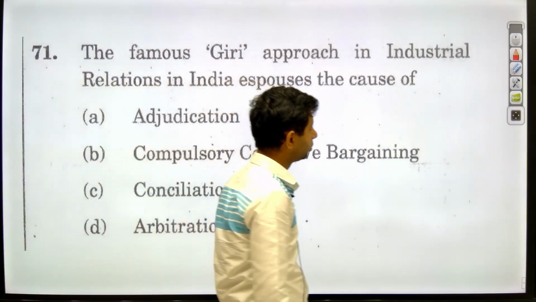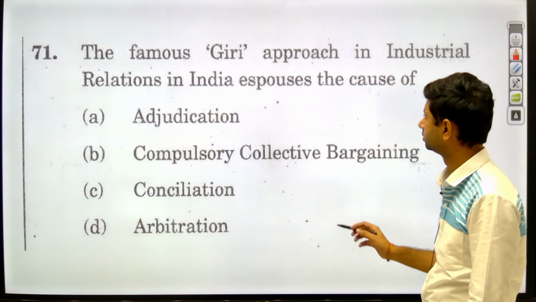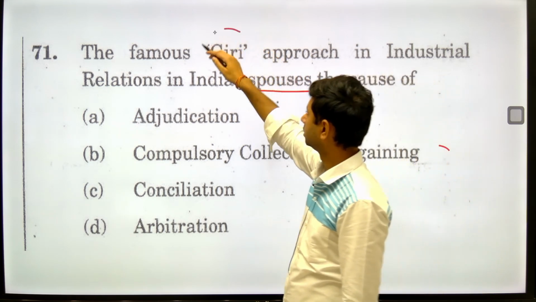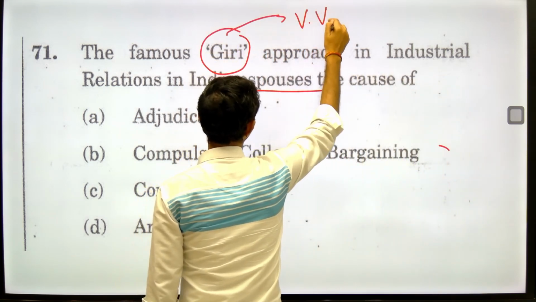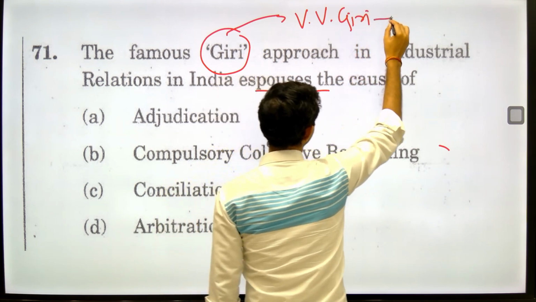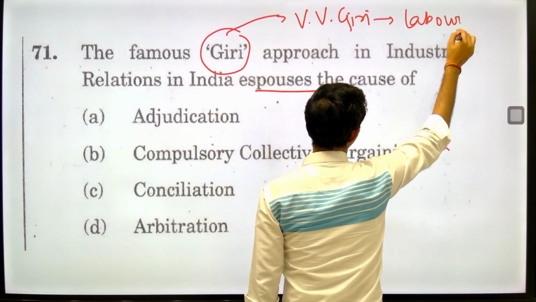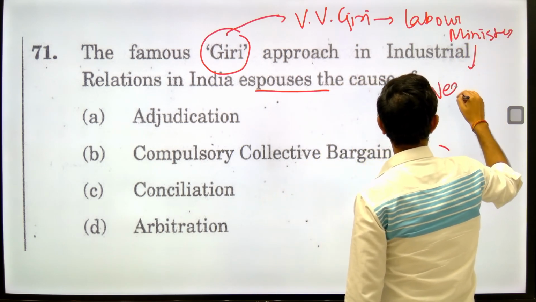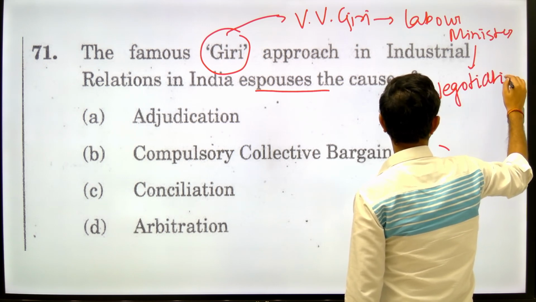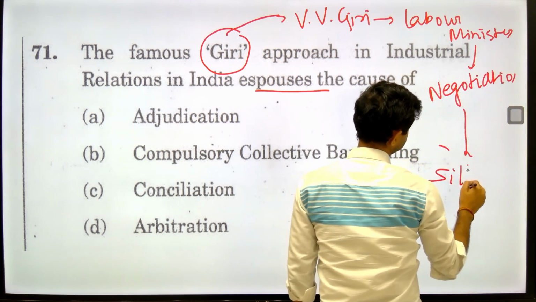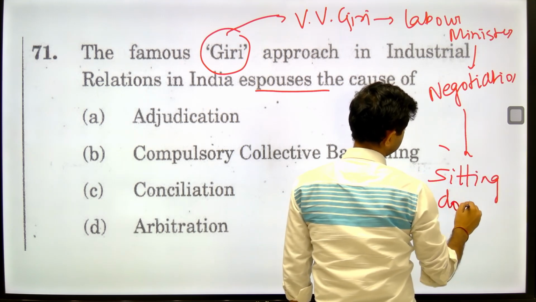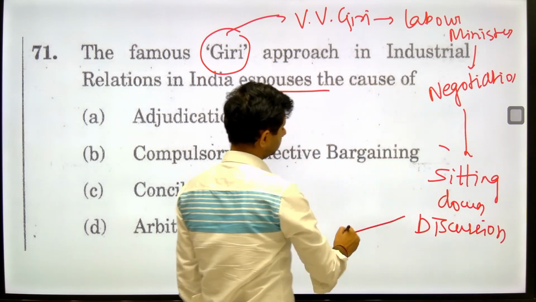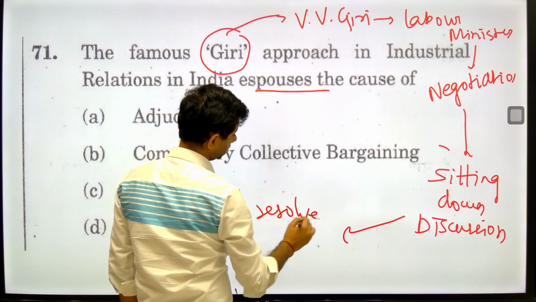Next is the famous Giri approach in industrial relations, which is related to or espouses the cause of. So this approach is related to Mr. V.V. Giri, who was the Labour Minister of India and who favored negotiation, or sitting down for discussion, in order to resolve industrial disputes.